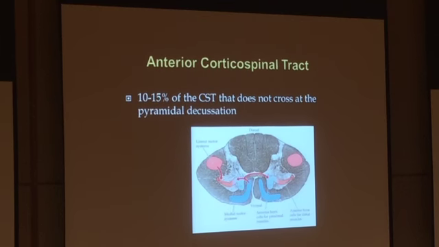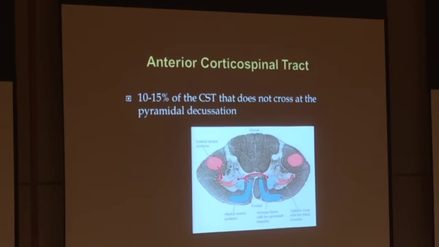But it turns out that in the spinal cord, before they synapse on anterior horn cells, they do almost all cross. So the net result is that this pathway is essentially all crossed before it gets to anterior horn cells. The lateral corticospinal tract is entirely crossed from the other side. The anterior corticospinal tract doesn't cross, but before it synapses, it does cross.